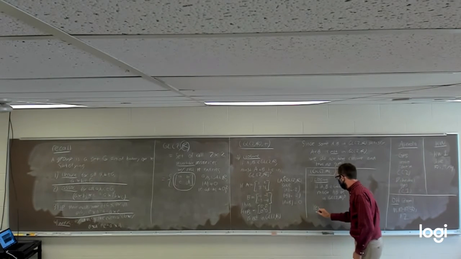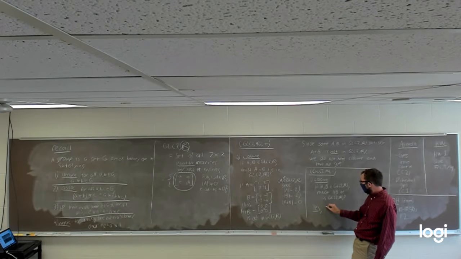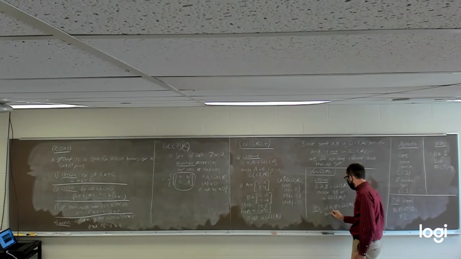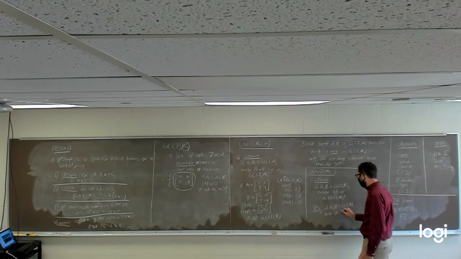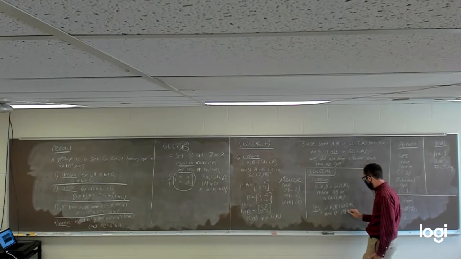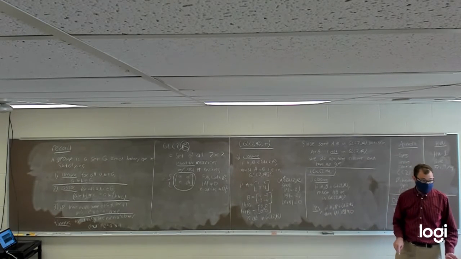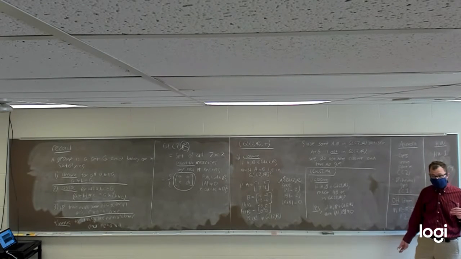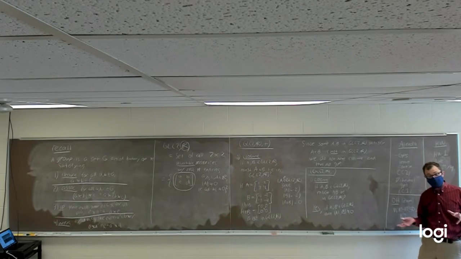I claim the answer is yes, and that if A and B are in GL2R, then the determinant of A and the determinant of B are both non-zero. That comes from the linear algebra fact that invertible matrix is equivalent to non-zero determinant.